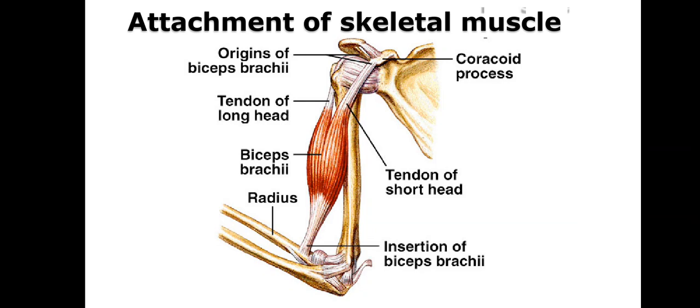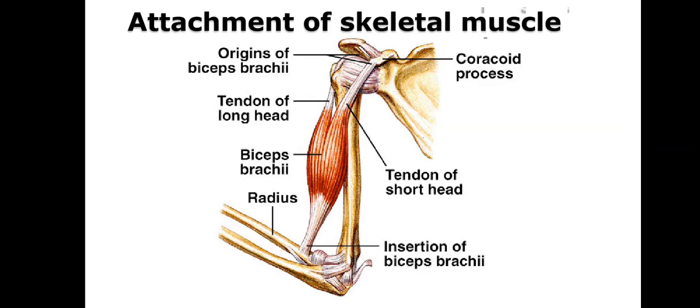So basically, in the part 1 video, I introduced the muscular system. I talked about what it's all about. We talked about the general structure of a muscle. We talked about the different layers of the muscle, the epimysium, endomysium, perimysium, the myofibrils. We also talked about the general functions of this muscular system.